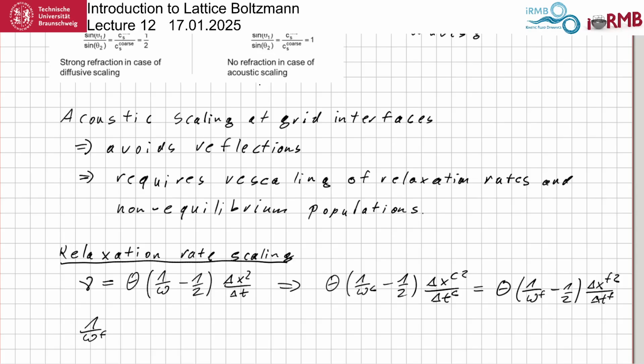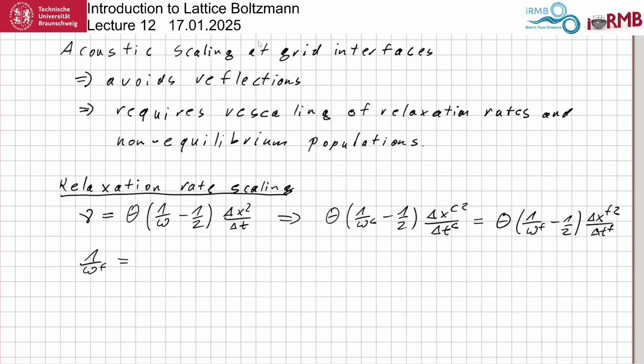I'll write 1 over omega_f because this is just a little simpler, and if we transform this, we get delta x_c squared divided by delta t, I'm messing up, delta t fine divided by delta x fine squared, times 1 over omega_c minus 1/2, plus 1/2.